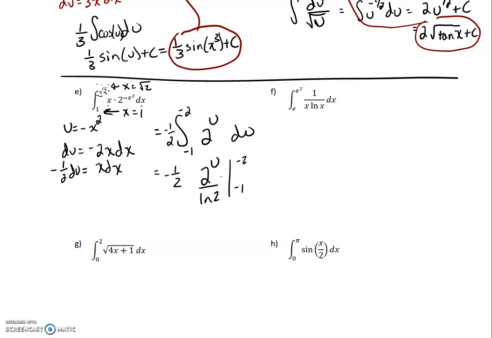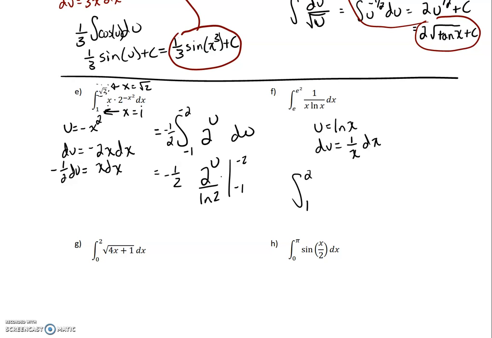All right, the next one, 1 over x ln x. If I let my u equal the ln of x, my du is going to equal 1 over x dx. So when I rewrite this thing, the natural log of e squared is just 2. The natural log of e is just 1.